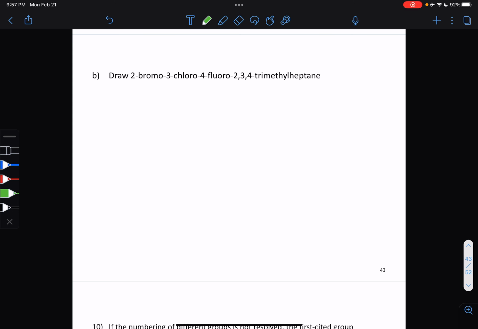Alrighty, let's draw. Drawing is so much better than naming. So what we do when we draw, we go all the way over to the end, and we go, okay, we've got a heptane. How many carbons is that? That's 7. And my most favorite way to draw this is line bond form, because you don't have to draw in all of the hydrogens.